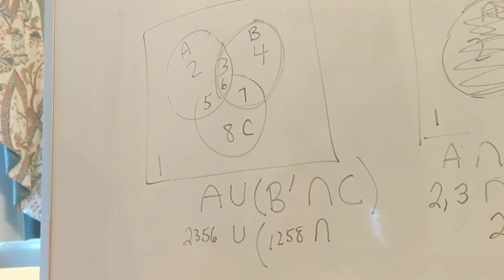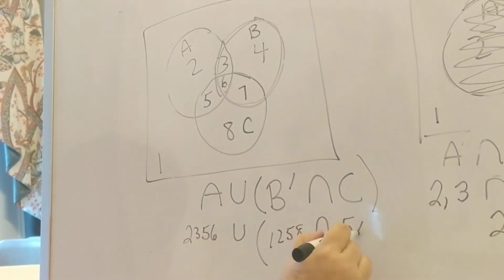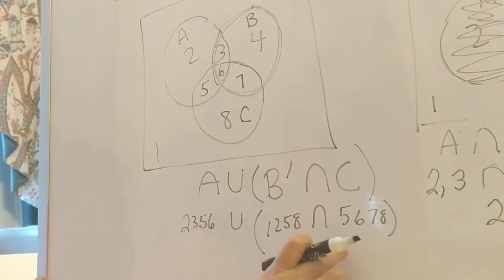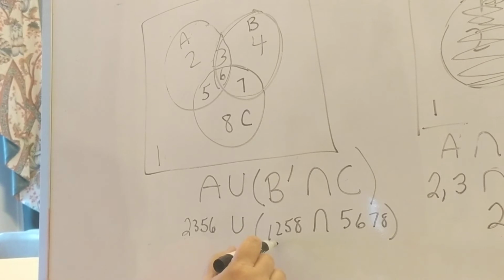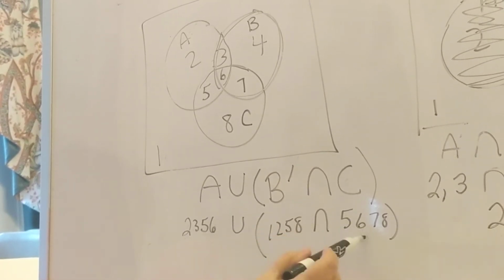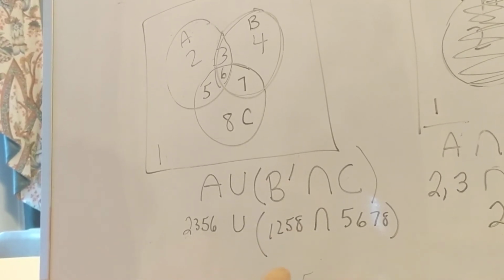And what is in C, 5, 6, 7, 8. Now, I just said we do parentheses first. And this says to take these regions and find out what they have in common with these. They don't both have a 1, they don't have a 2, they both do have a 5 and an 8.